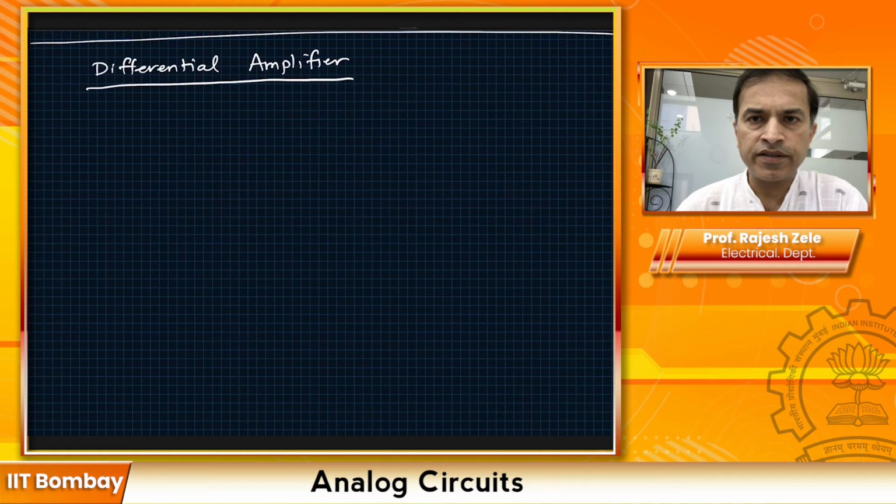So what we are really looking for is a very small differential signal. For example, the difference between the voltage measured between the two probes in presence of a very large common mode signal. Common mode means the same signal is there on both the probes.